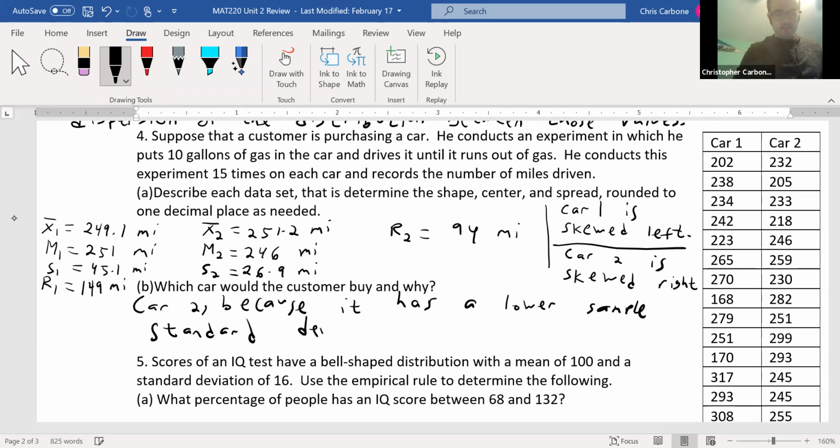Sample standard deviation. Hence, more predictable gas mileage.